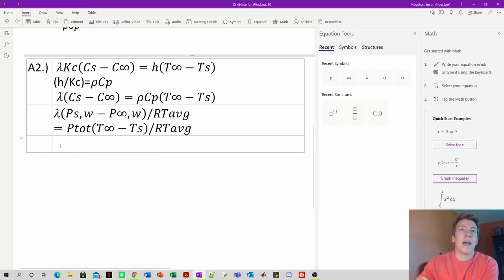So now that we have that RT average on both sides, if we were to multiply across, those would cancel out. So once again, we'll have this lambda, the heat of vaporization.